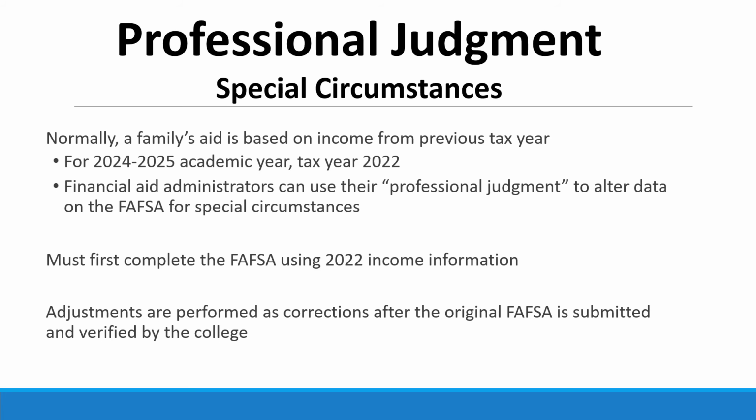So this gives the financial aid administrator the ability to use more current year tax information when completing the FAFSA. So originally the student must complete their FAFSA using the 2022 income information. If in fact this is your case, we recommend you reach out to the college where your student is attending, notify them that you've seen a change in income, and request a professional judgment or special circumstance.